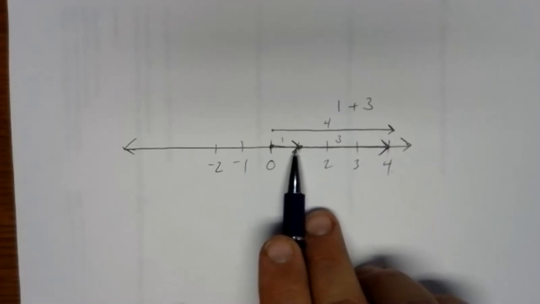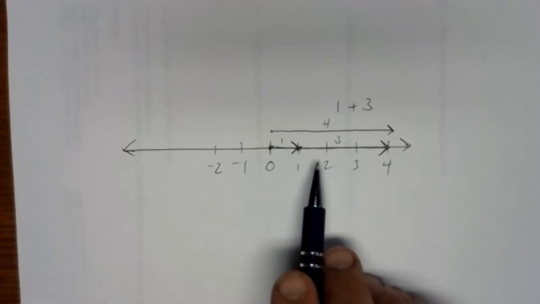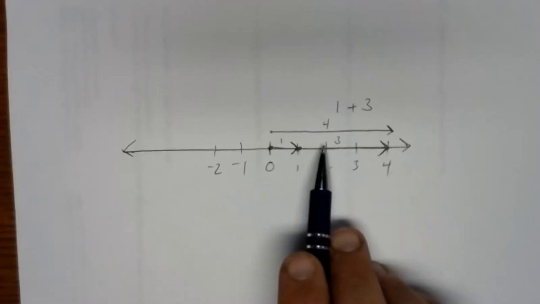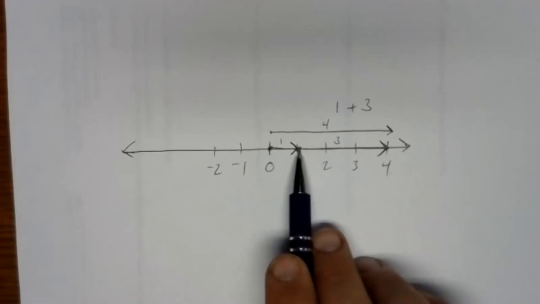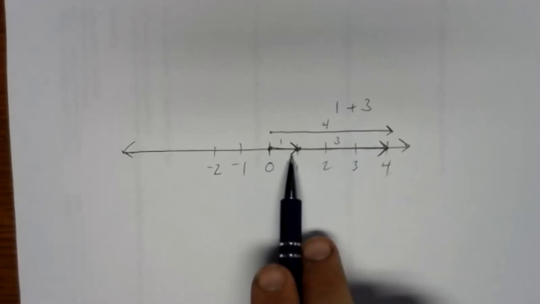You started where you left off and then took into account that 3. We've arranged these arrows so that the tail of the second arrow, the one that's associated with the 3, is at the head of the first arrow.